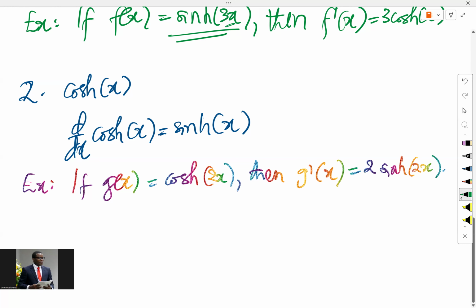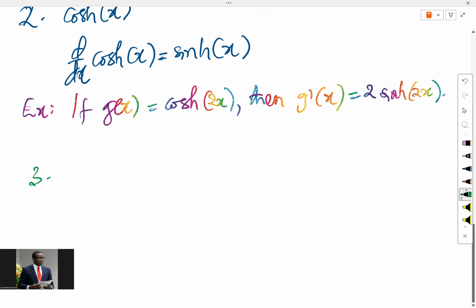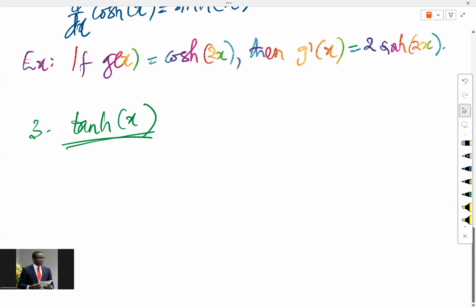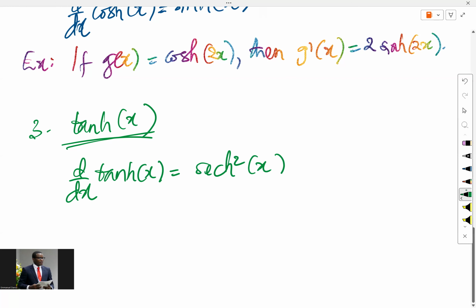And then we go for number 3, which is tanh x. When you differentiate tanh x, what do you get? Just like the form we already know for tan. If you don't understand trig, I have a whole playlist on trigonometry, so you want to check the playlist and refer to it so you understand the form we're talking about. So d/dx of tanh x is the same thing as sech squared x.